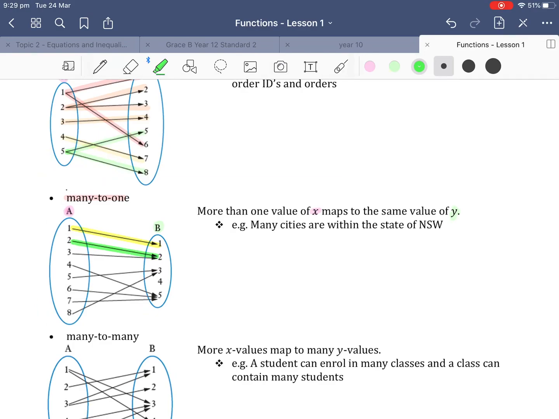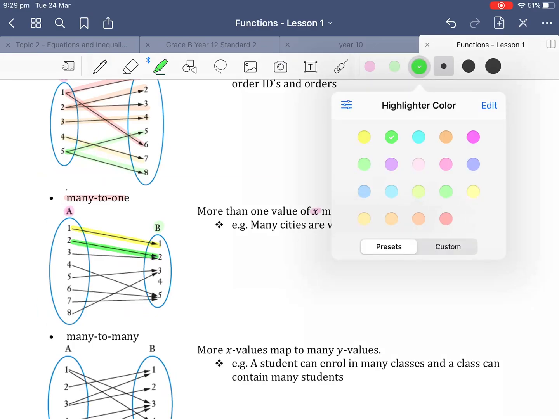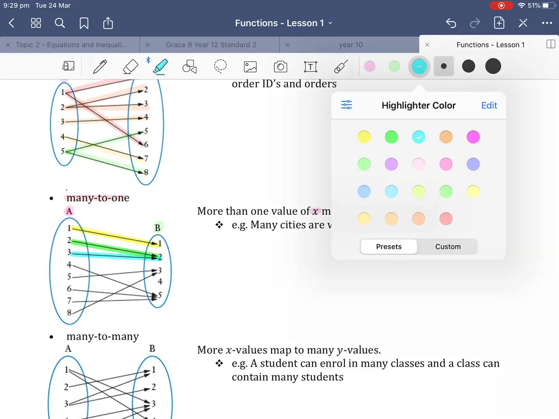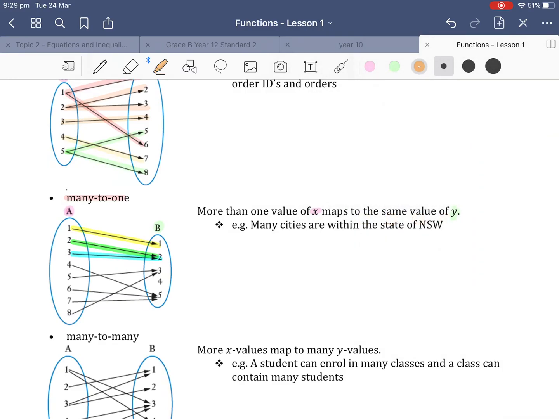Our x value of 2 maps to our y value of 2. Our x value of 3 maps to our y value of 3. So this is where more than one value of x maps to the same value of y. So 2 and 3 map to the same value of 2.